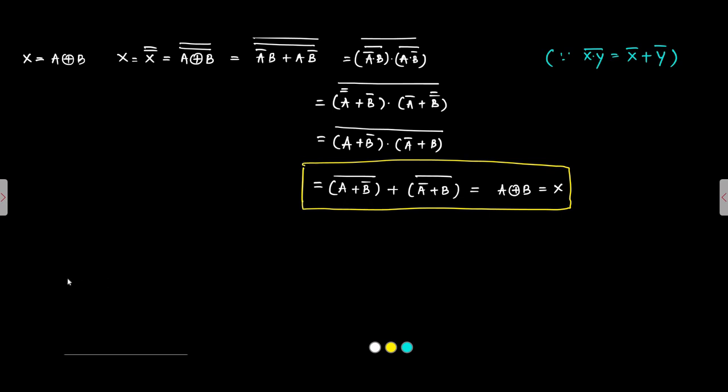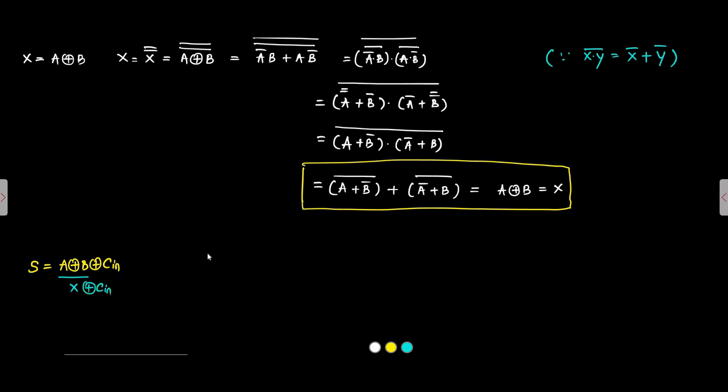Now we have the sum of the full adder, it is A XOR B XOR Cn. Now this much portion A XOR B is X, so we can write it as X XOR Cn.